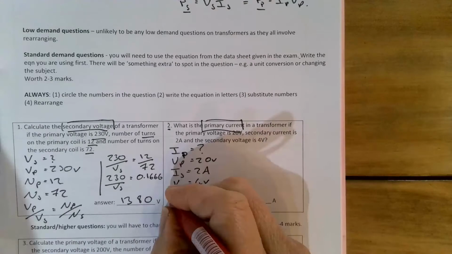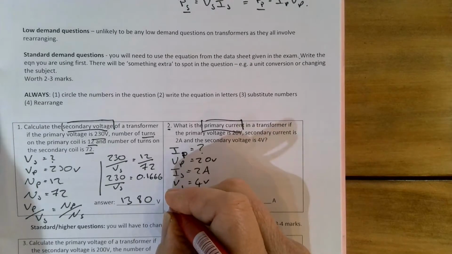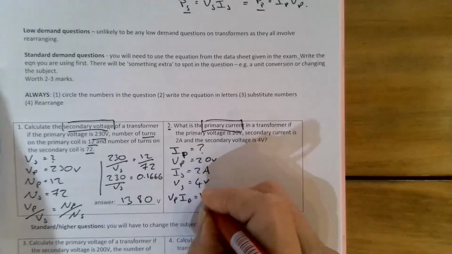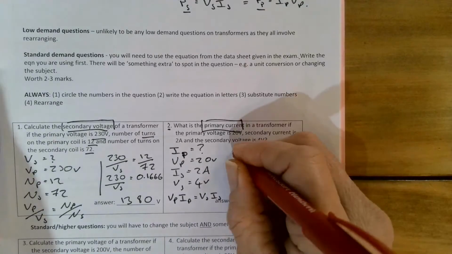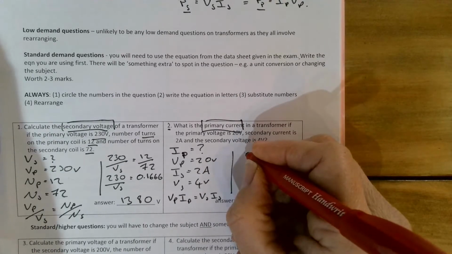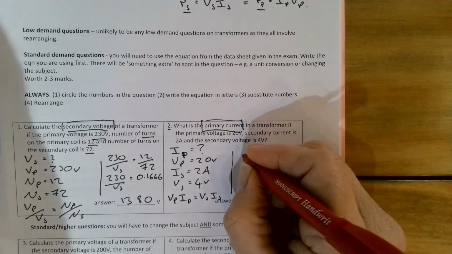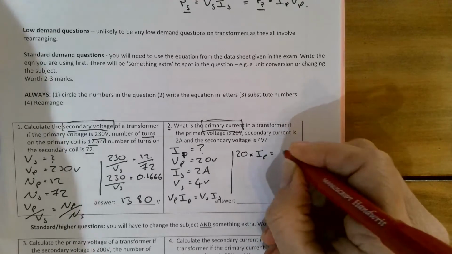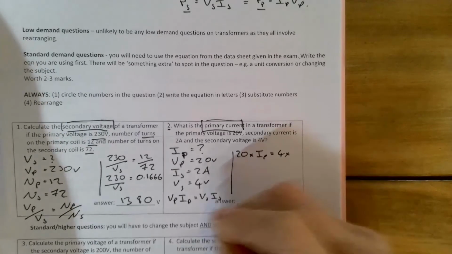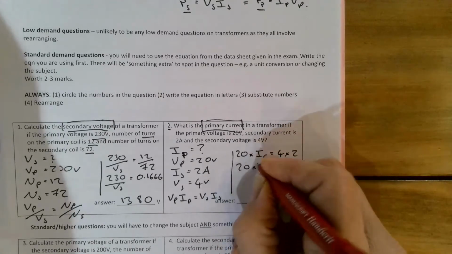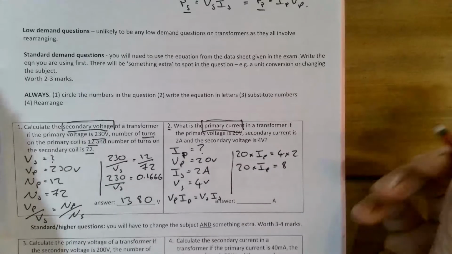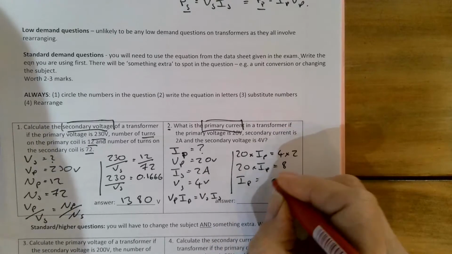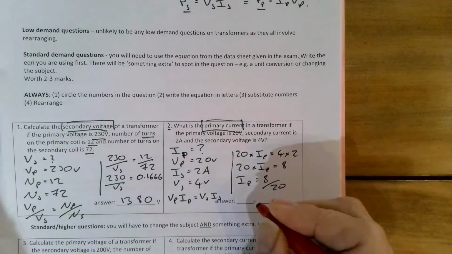So what this means is we're going to have to use our second transformer equation, which is Vp Ip is equal to Vs Is. So Vp is 20 times Ip is equal to Vs, which is 4 times Is, which is 2. So you've got 20 times Ip is equal to 8. So Ip will equal 8 divided by 20, which will give us 0.4 amps.